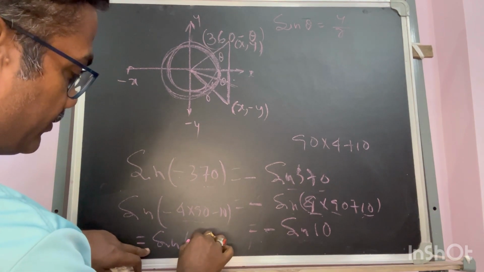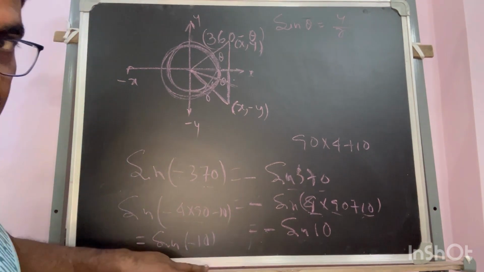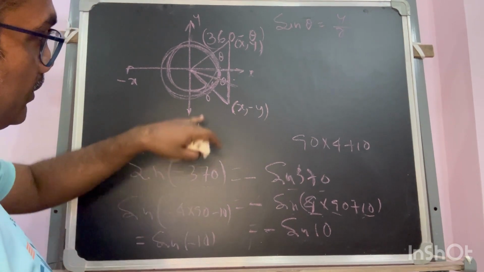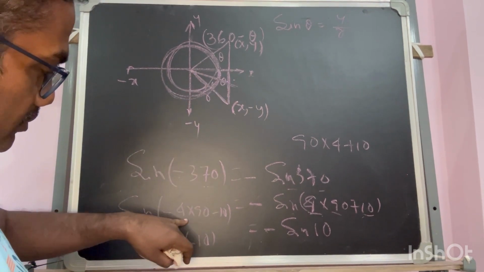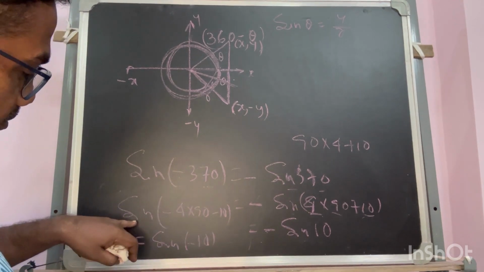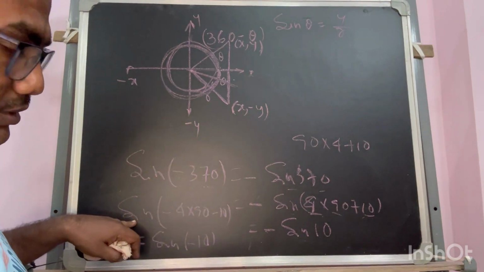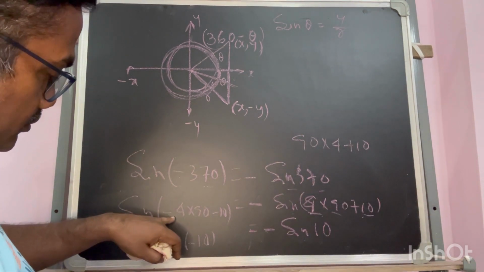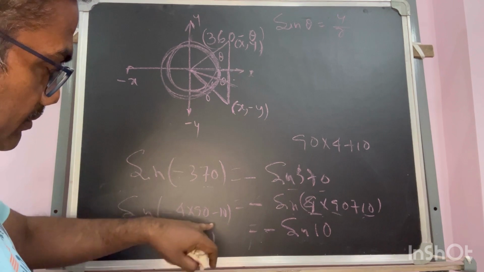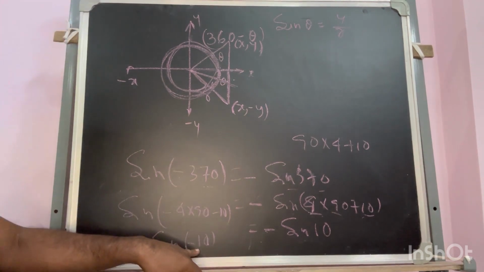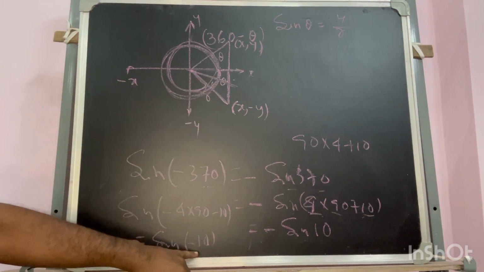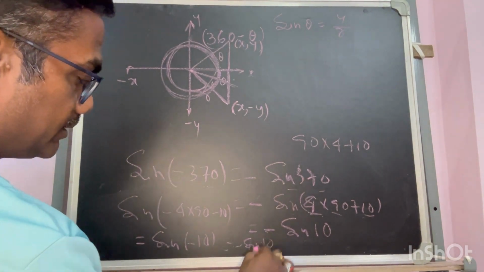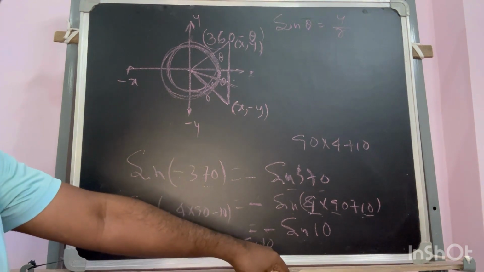So sine of minus 10 ultimately will come, because for 4 into 90 anything, sine will be sine. This is only used to decide whether sine stays sine, or converts into the associated ratio. So ultimately sine of minus 10 will come here. So minus 10 is what? Ultimately you can write it as minus sine 10, because sine of minus theta is minus sine theta. So this way you can get the result.